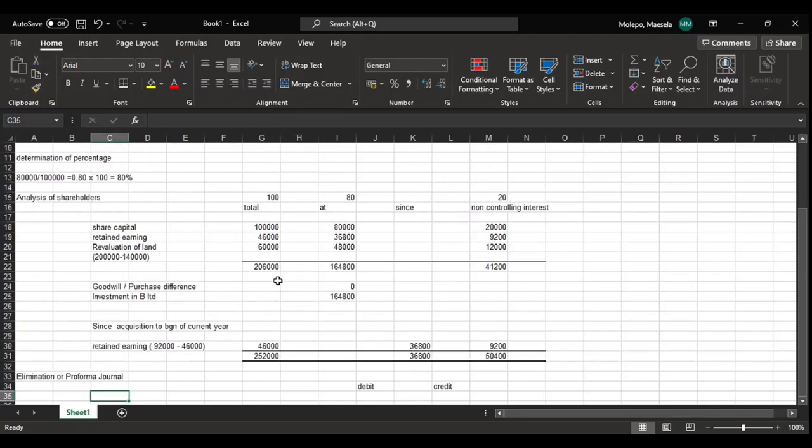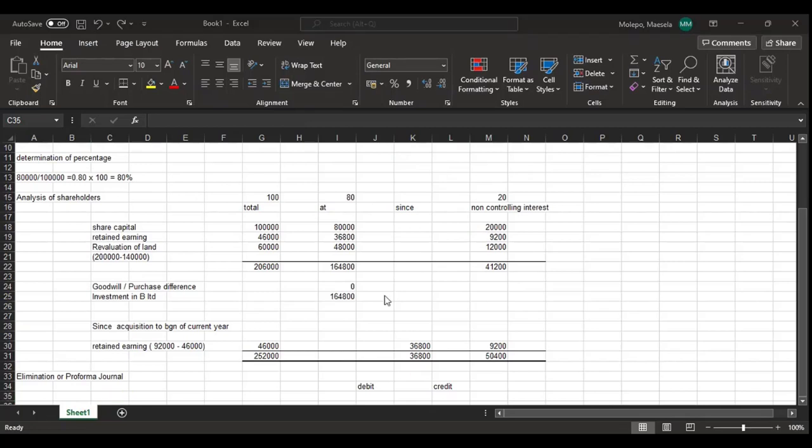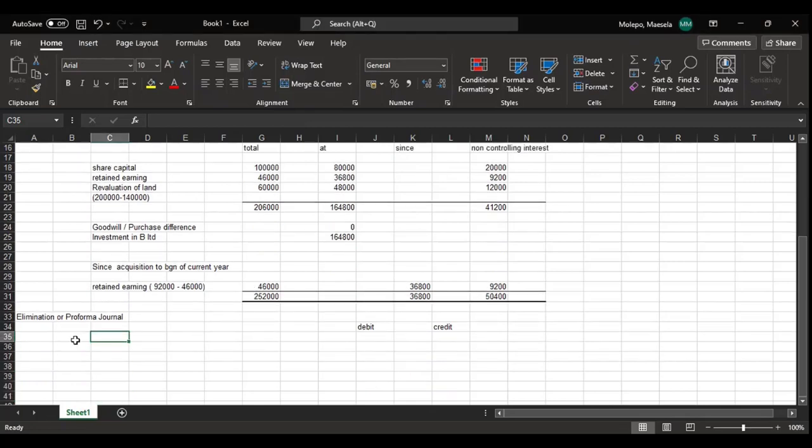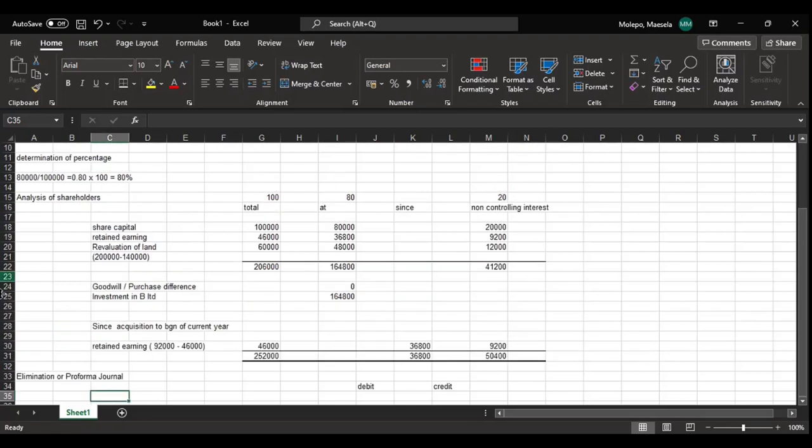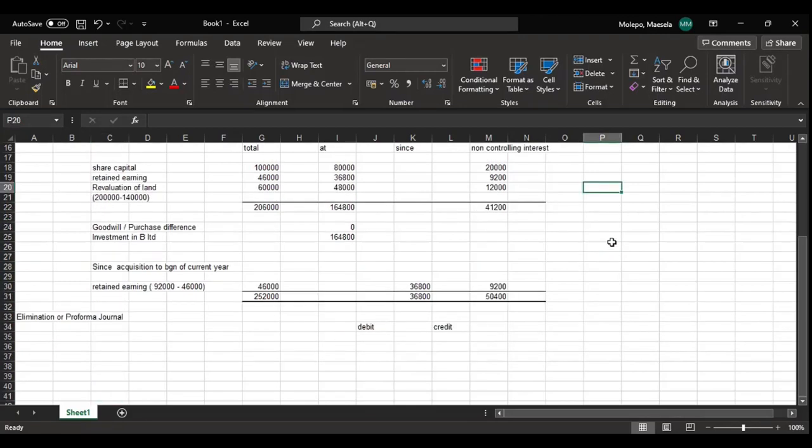So we revalued land. You remember we revalued land. Normally the revaluation surplus goes on the debit and the land on the credit, because the revaluation is based on the revaluation surplus. So now check the before.